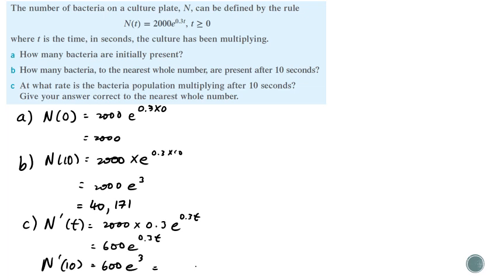I did it just before, and I decided to re-record it because I said something wrong. So 12,051. So that's how many bacteria are multiplying per second. How many bacteria are being added on per second at that time.